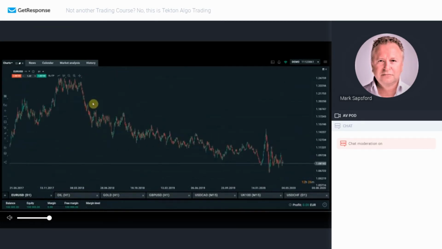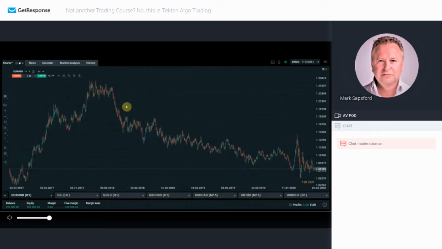So I need to establish the area in which I'm talking about. For example, if I want to use a moving average cross, let's say a 50 crosses the 200, which is the one we've all seen. Do I want to buy when there's a golden cross, which is the 50 crossing above the 200, or do I want to sell when the 50 crosses below the 200, which is the death cross?